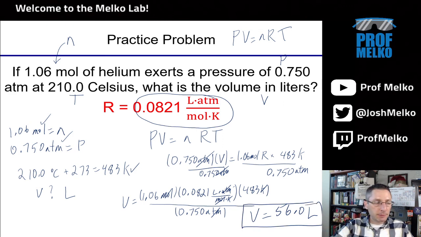So that's an example of an ideal gas law practice problem. Notice here that temperature wasn't in Kelvin, so I converted it. Also pay attention, maybe the pressure is in torr or millimeters of mercury, and you might have to convert that to atmospheres. Or your volume might be given in milliliters, but you need it in liters. So just pay attention to the units, and make sure to write them all out as you solve these problems.